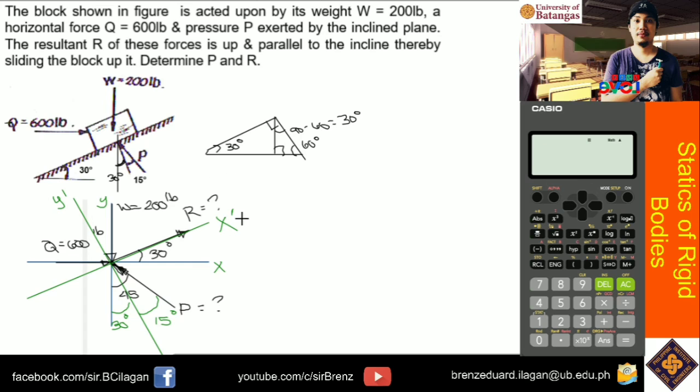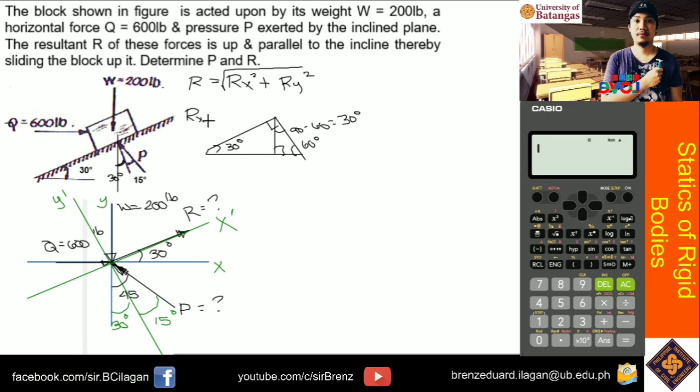Since this is my new x-axis, sasabihin ko na kapag nag-summation ako ng forces x, ano nga ulit yung equation natin, guys? Tama. Diba yung ating resultant R can be computed as square root of Rx squared plus Ry squared.